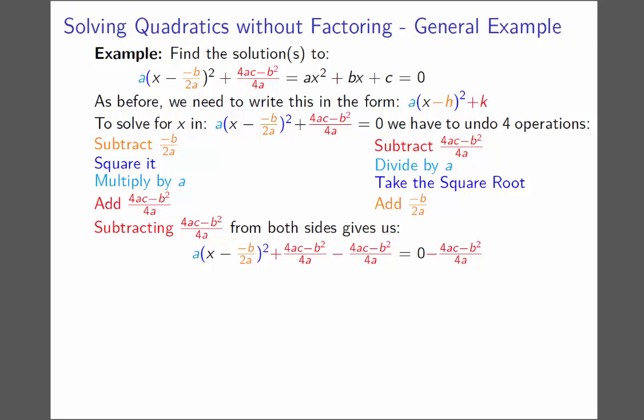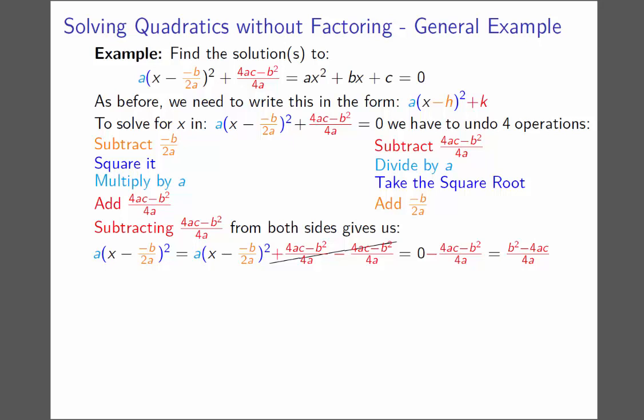We can simplify the right a bit by distributing that negative sign, making negative b squared positive b squared and 4ac negative 4ac. And on the left, these two numbers cancel out because one is positive and one is negative, no matter how messy they are. So on the left, we have a times x minus negative b over 2a all squared.